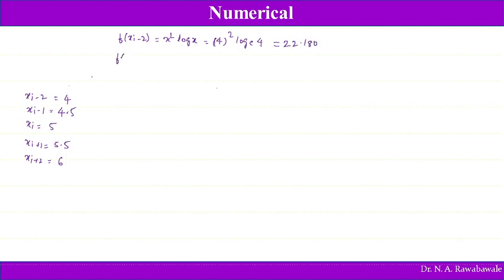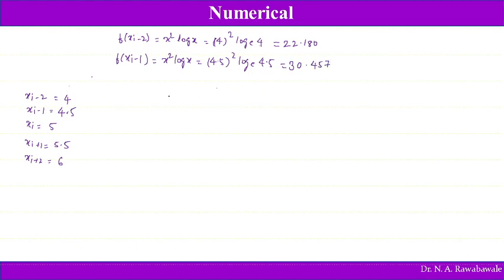Then f of xi minus 1 in x square log x, so the x value is 4.5. 4.5 square into log base e of 4.5 gives 30.45.